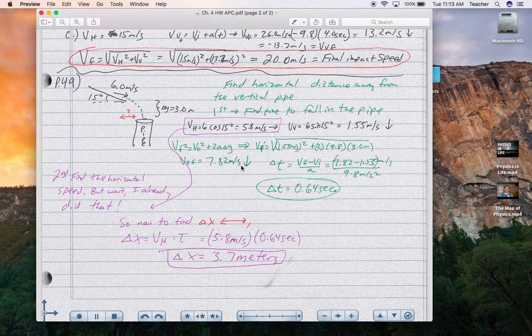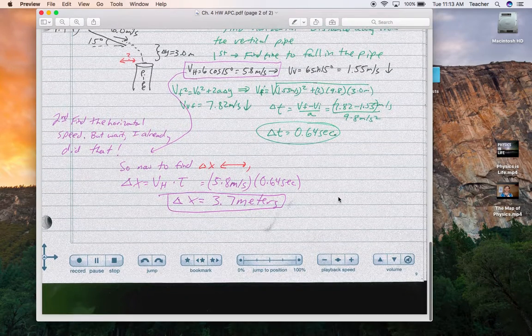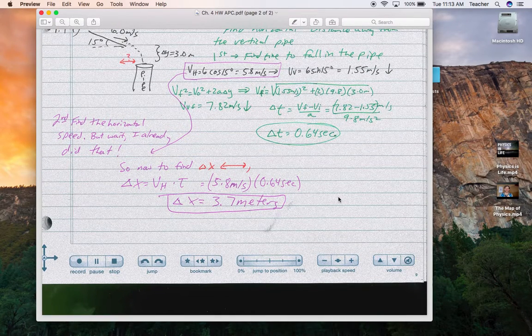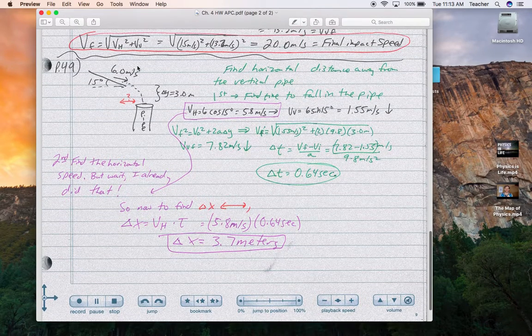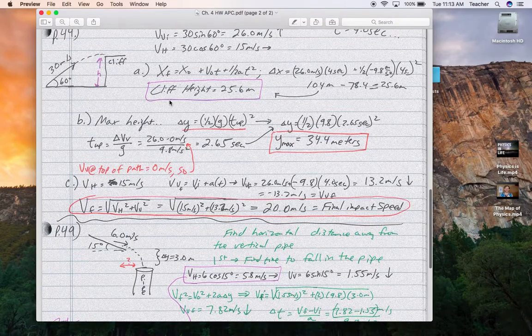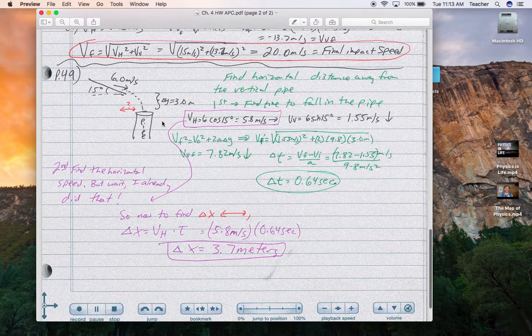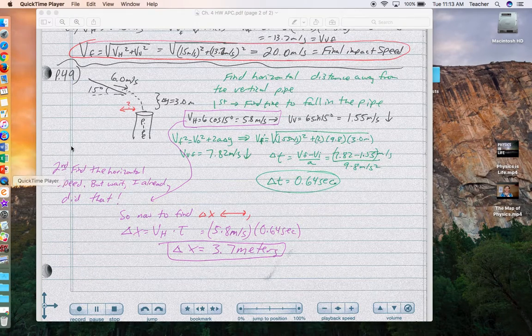So I got my final vertical velocity, got my time interval, and went from there. That 0.64 seconds is now multiplied by the horizontal speed that I got earlier. Gave me about 3.7 meters. This is a pretty nice problem, actually. This one's a little messier. This one's a pretty nice problem. So hopefully those help. And if you have questions, ask in class or outside of class.